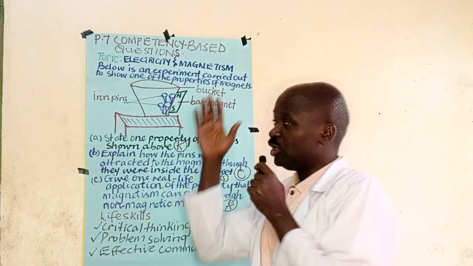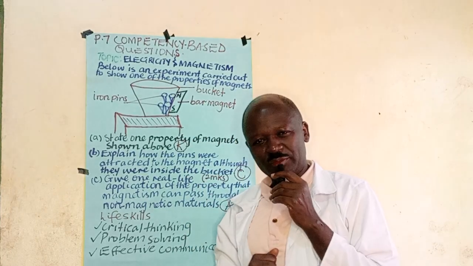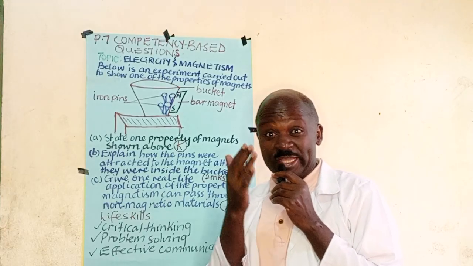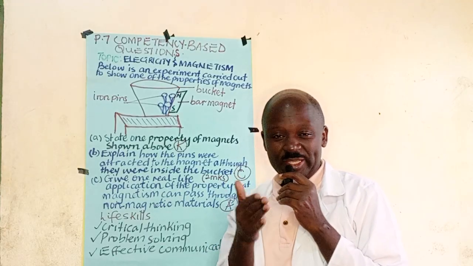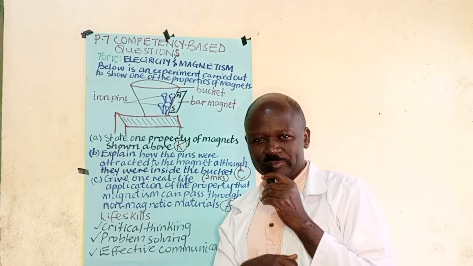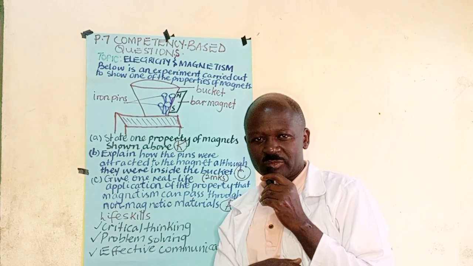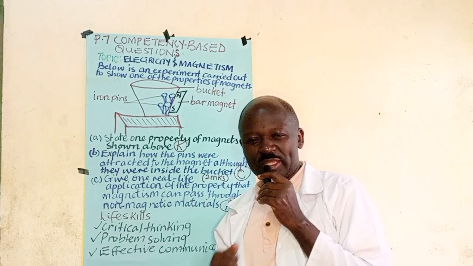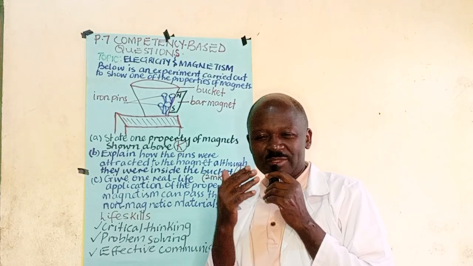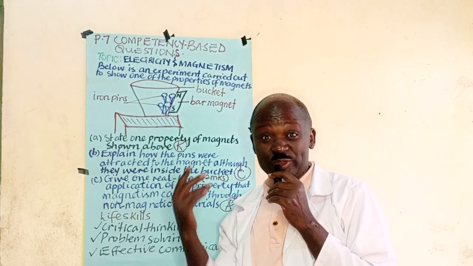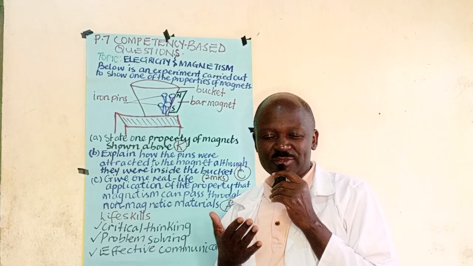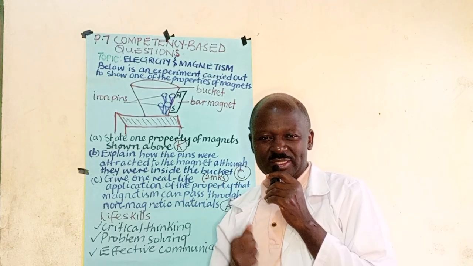I can say you are provided with the following materials: a transparent bucket, iron pins, a magnet, and a table. Describe an experiment to show that magnetism can pass through non-magnetic materials using the items above. And the question is taking 4 marks.